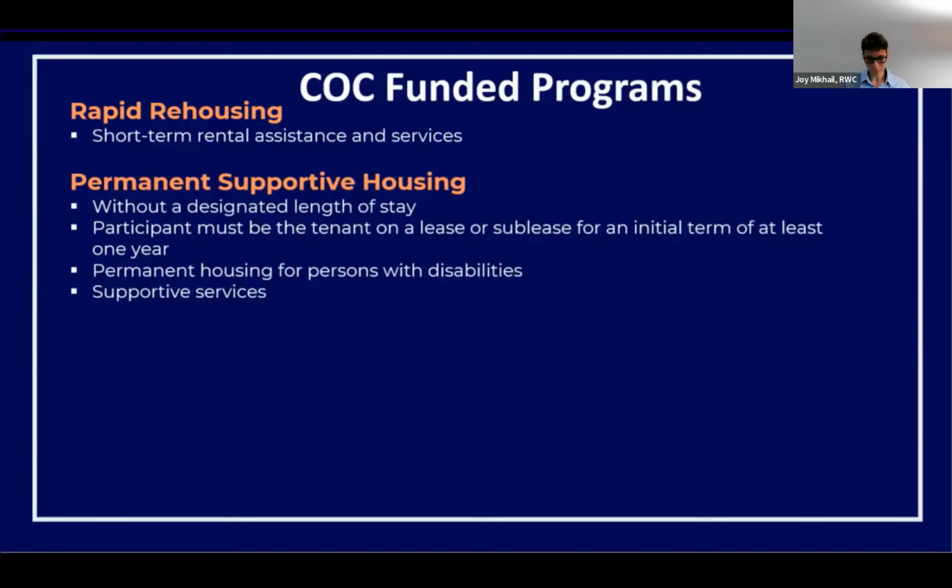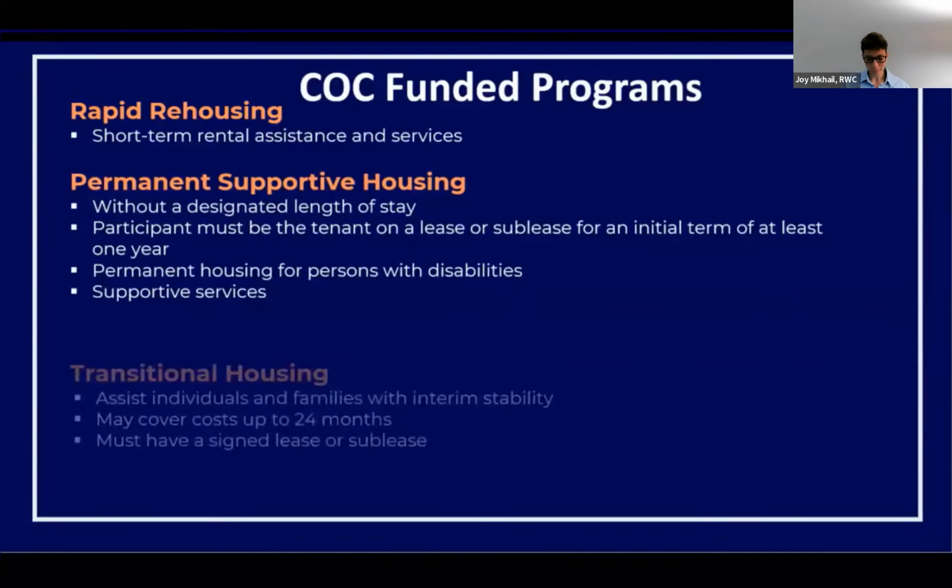Again, I'm just giving a brief overview of these programs. I highly recommend you contact your coordinated entry system or your continuum of care to get more details about these particular programs in your geographic area.